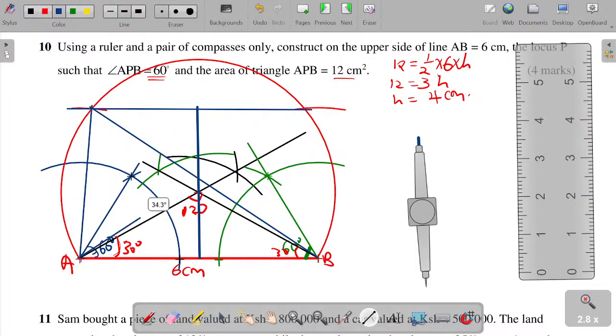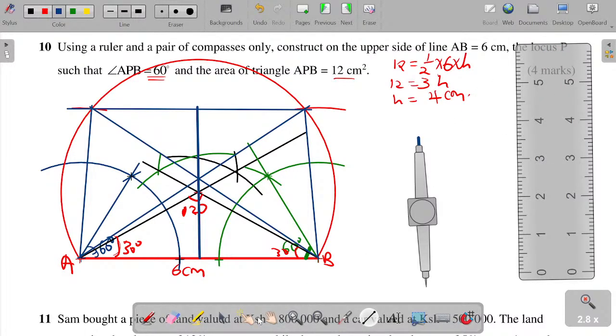Likewise, if I also join from here to this point, and from this point to this one here, again it will be 12 square centimeters. So this is basically how we construct this locus.